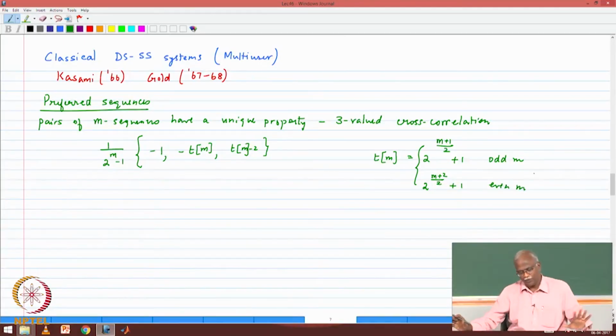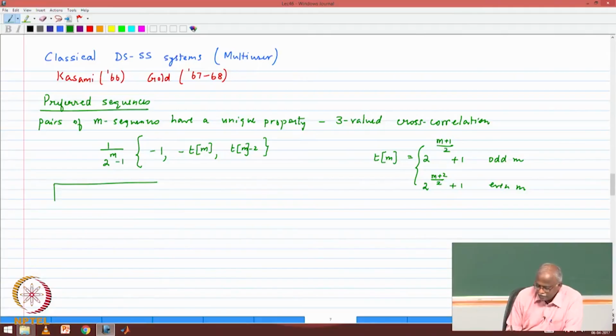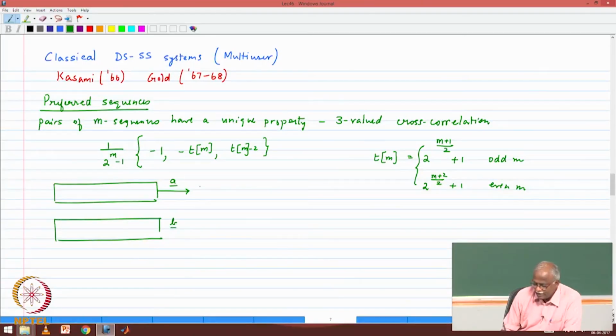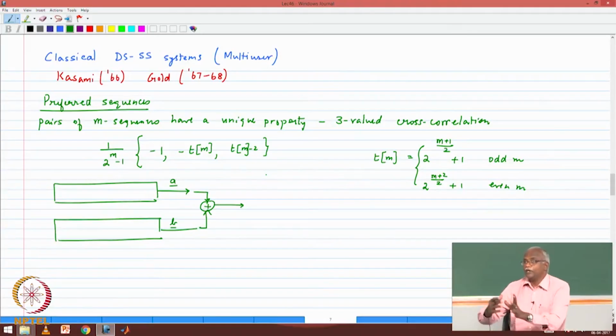Okay, this is what was proposed, and they basically said that if you have 2 M sequences, one is the generation of M sequence number 1, A, this is the second M sequence, this is B, and using this combination of preferred sequences they would generate for you a set of codes that will give you good performance.